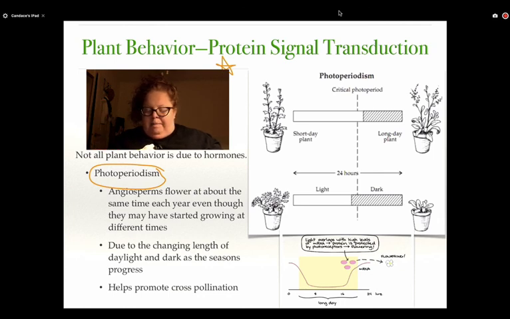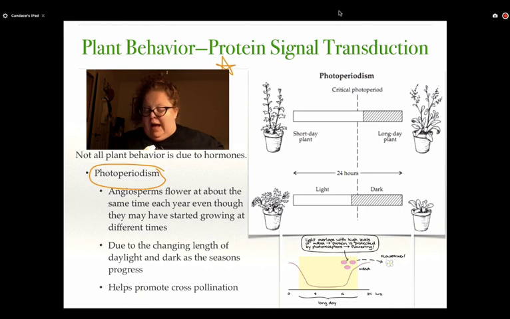And so these plant cells detect that difference, and basically what happens with a long day plant is there's this kind of magic time period, and once we have that many hours of day, then the long day plant will bloom. But the short day plant won't. If it's that long period of day, the short day plant will not, but the long day plant will.